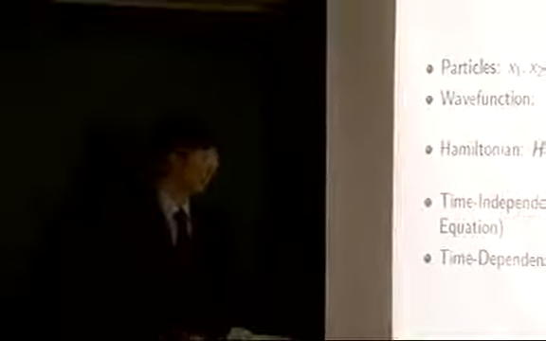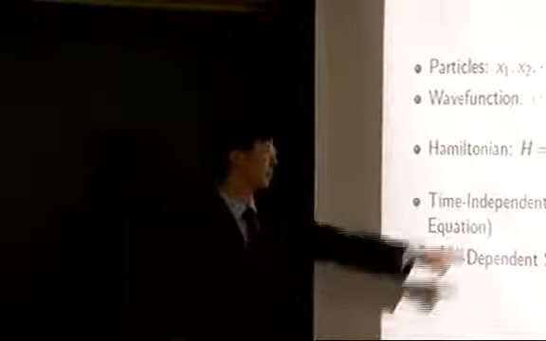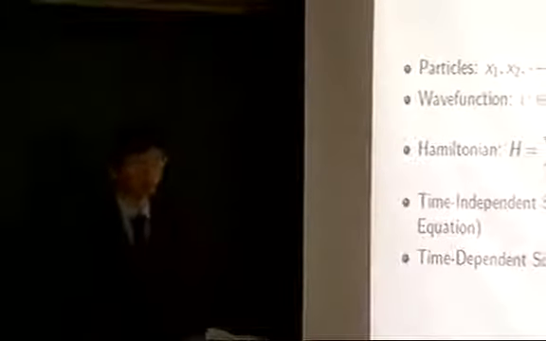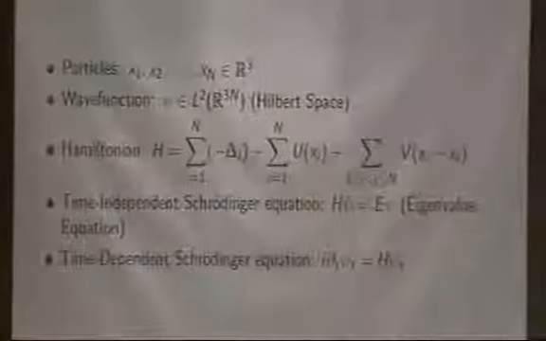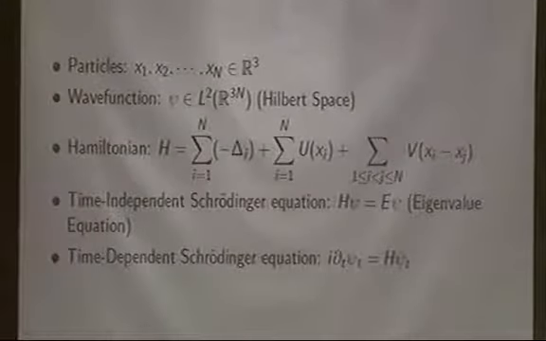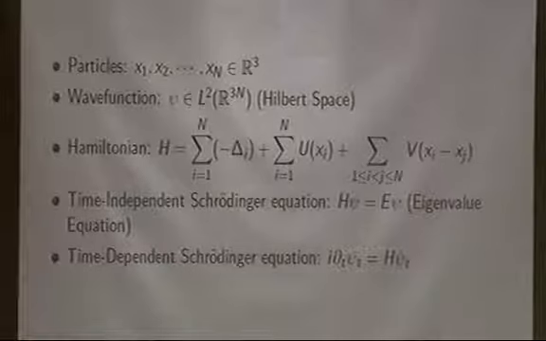The first one is the time-independent Schrodinger equation, which is H psi equals E psi. This is just an eigenvalue equation, so E is an eigenvalue of this Hamiltonian. The other way is the time-dependent Schrodinger equation, which is i partial t psi t equals H psi t. So the evolution of this wave function psi is governed by this Hamiltonian H.